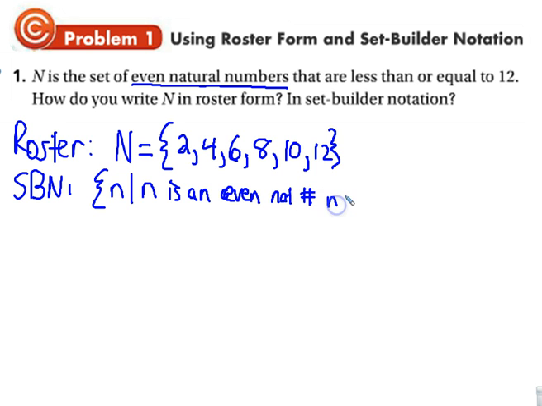And N has to be less than or equal to 12. Okay. So N such that N is an even natural number less than or equal to 12. Okay, because that's what it says. We're looking for the set of even natural numbers that are less than or equal to 12. Okay, so roster form, a listing, set builder notation, the formal way of writing it.